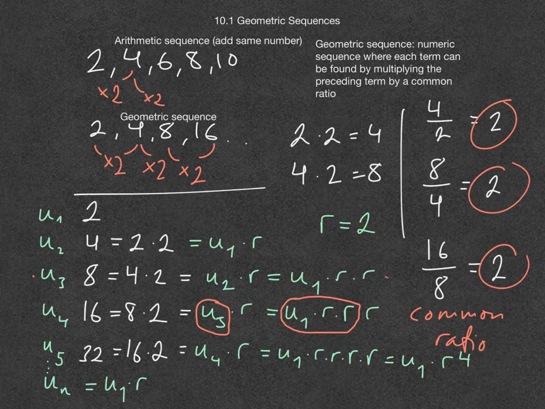So one less than the term number. And you would do the same for u4. Here we have r to the power of 3, so it's one less than the term number. So that would work out for the general form as well, that we can write n minus 1. And that's the general formula for finding the nth term of a geometric sequence.